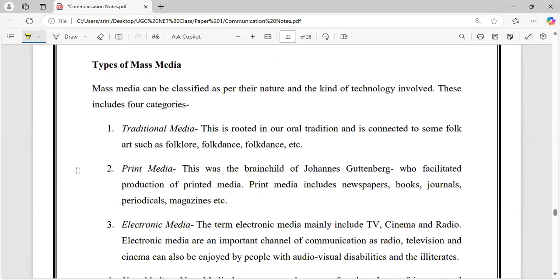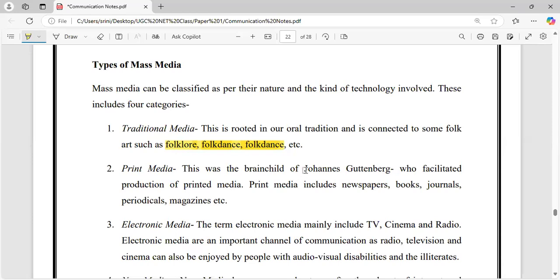Then types of media, traditional media, such as folk dance. In each tradition, each culture, we have some traditional media like songs, like that. And then print media.